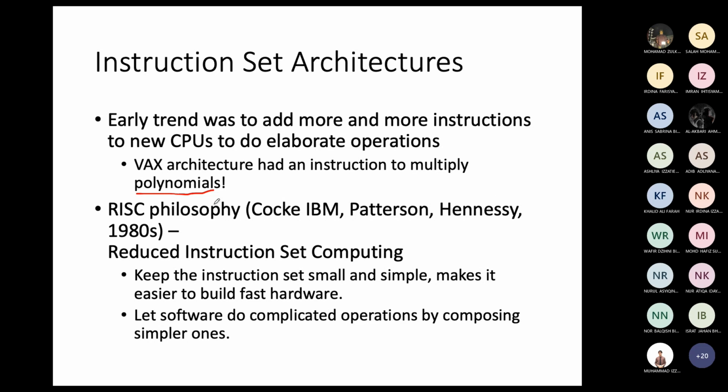But then Cocke of IBM, Patterson, and Hennessy introduced the RISC philosophy. You might wonder where IBM comes in here. One of the engineers, Cocke, together with Patterson and Hennessy, proposed the RISC concept, reduced instruction set computing.